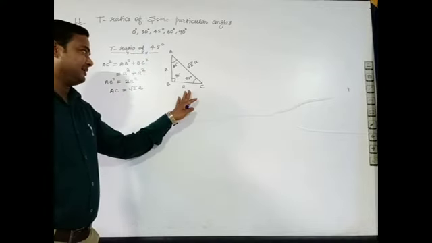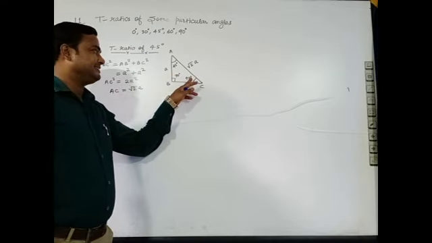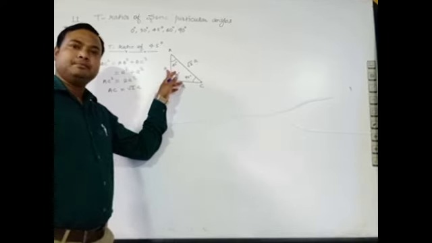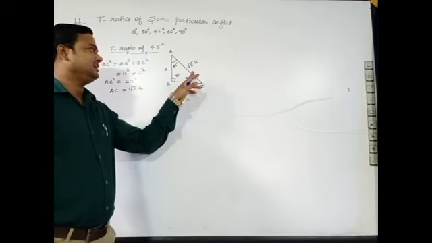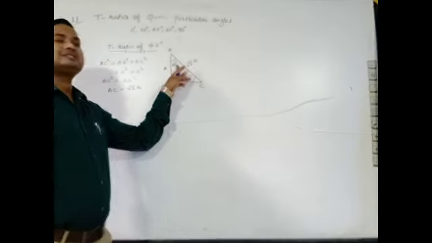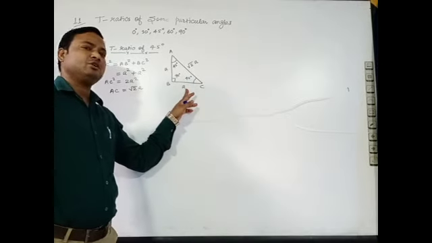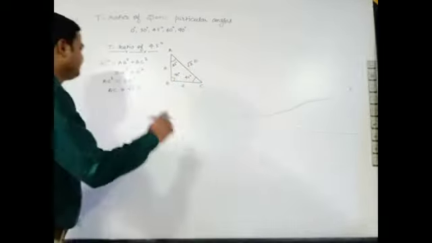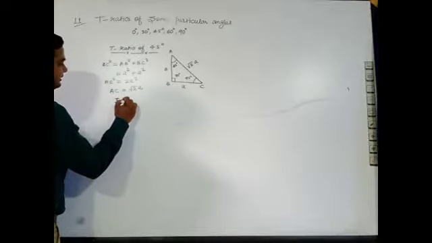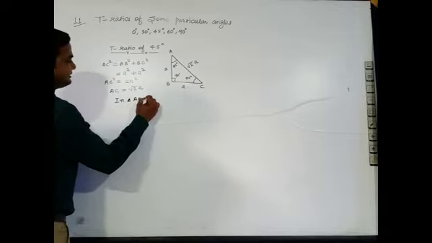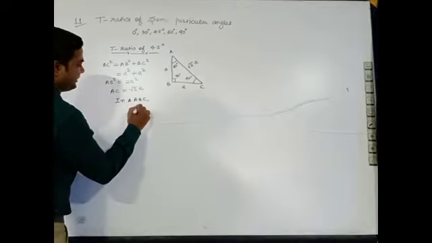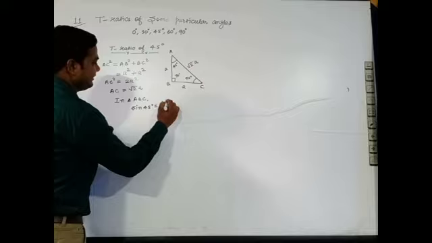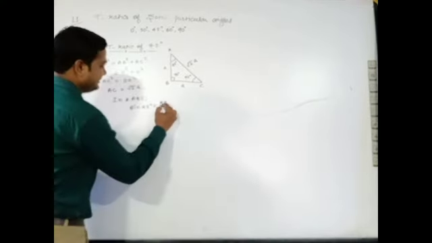Now according to this triangle, if I am taking this as theta 45 degree, then according to this theta, this is perpendicular, this is base and this is hypotenuse. This is perpendicular means A, this is base and this is hypotenuse. So in triangle ABC, sine 45 degree is equal to AB by AC.